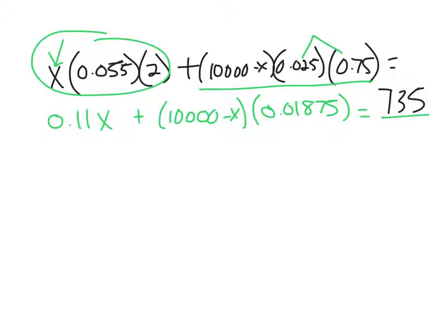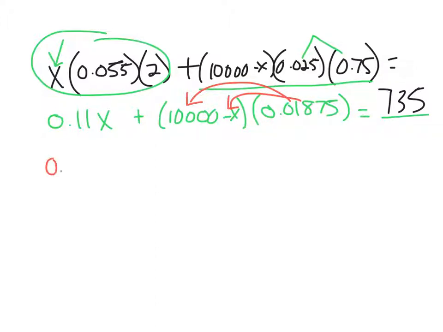So here's our linear equation. We're starting to shorten it, but I'm going to leave that 0.11x there on the first side of the plus sign as is, because on the second term I can actually distribute. What it says there is 10,000 minus x times 0.01875. So I'm going to distribute that 0.01875 to the 10,000 and to the x, just as we've done before.